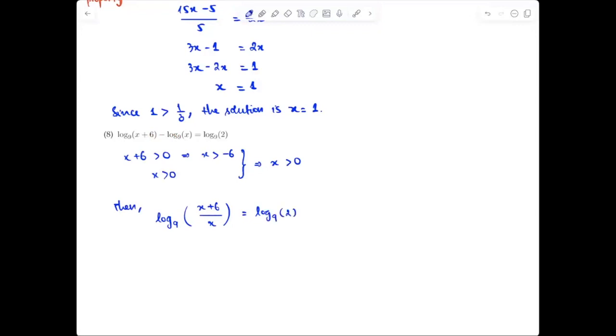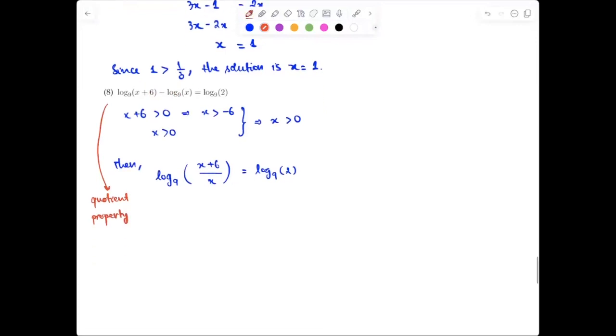Again, what we just did is we used the quotient property to rewrite a difference into a quotient. Okay. So now, because you have the same log base 9 on both sides of the equation, we basically just set x plus 6 over x equal to 2.